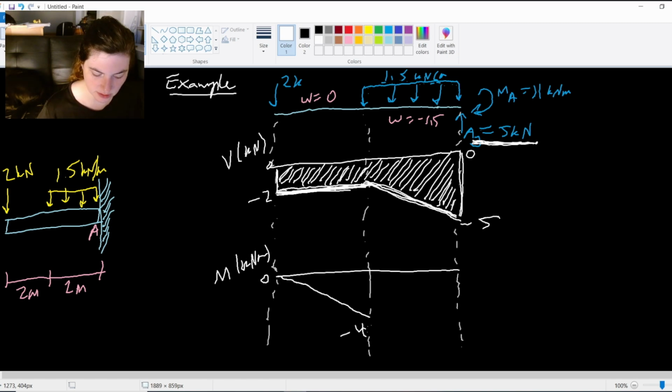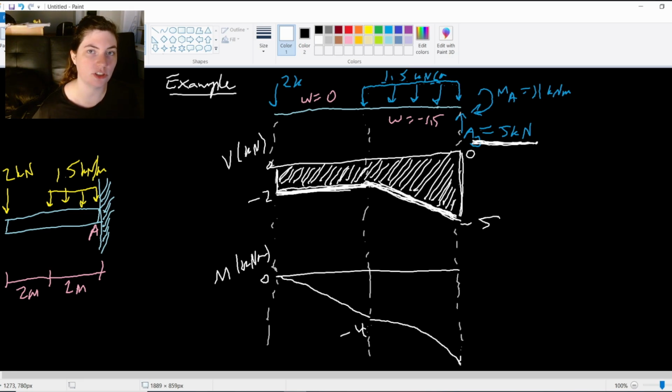Right, so we have this line, our V is negative, and it's getting more negative, right? It's increasing here. So that means our parabola, right, we know it's going to be a parabolic function, is going to be negative and getting even more negative. Right? And what is this value at the end here?